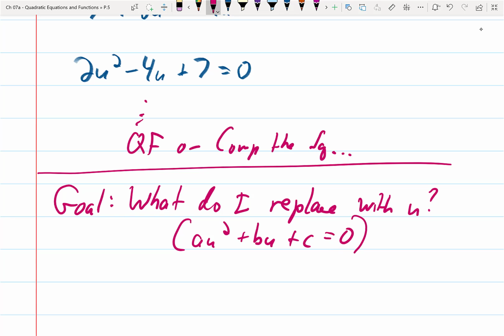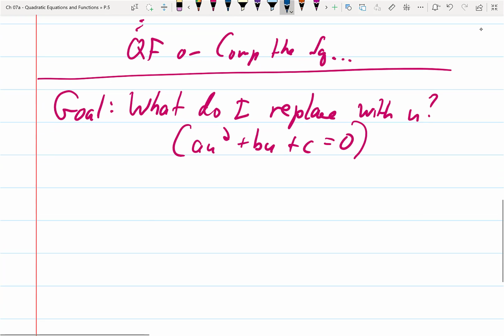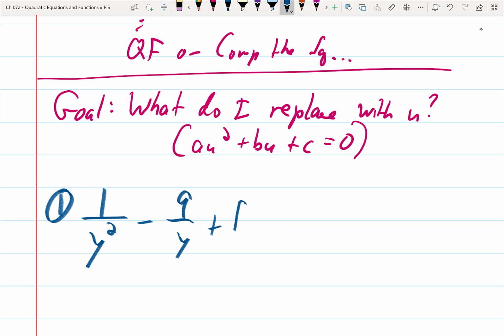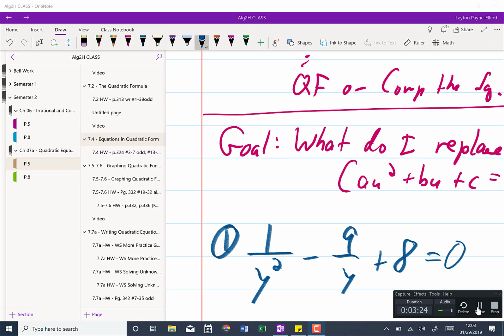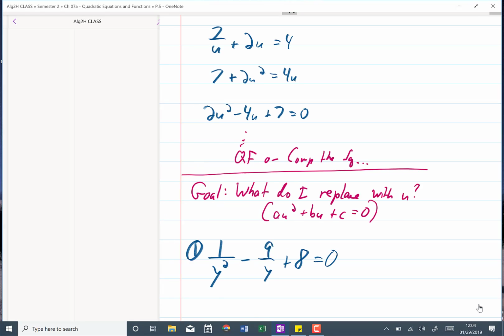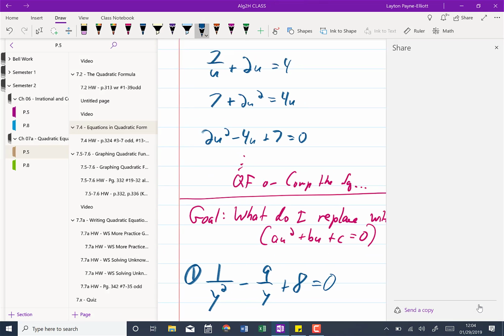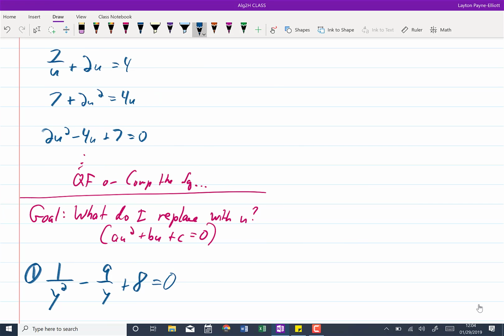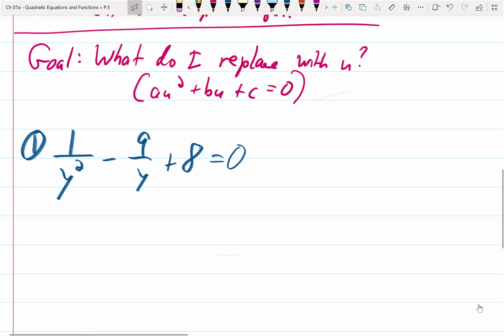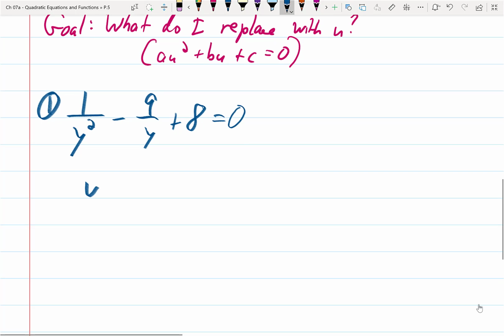So let's start with a simple example. 1 over y squared minus 9 over y plus 8 equals 0. Pause for a second, and resume. What would you let u be equal to? 1 over y squared?